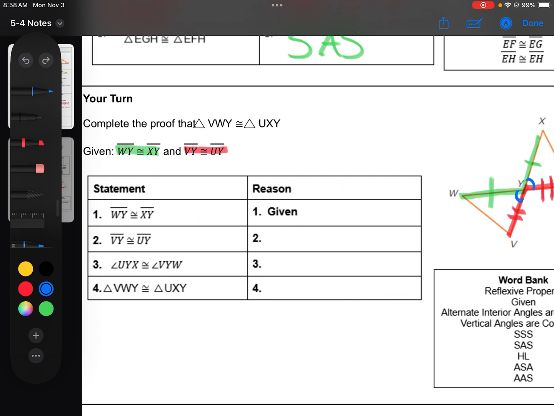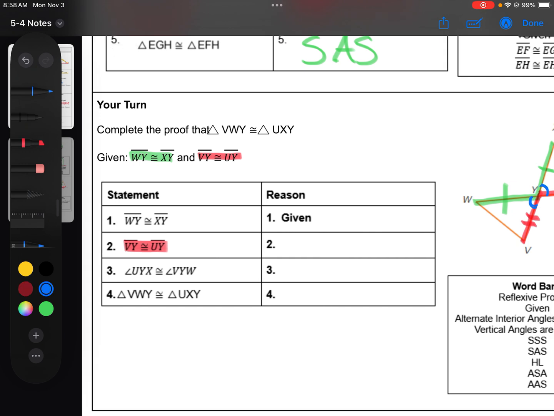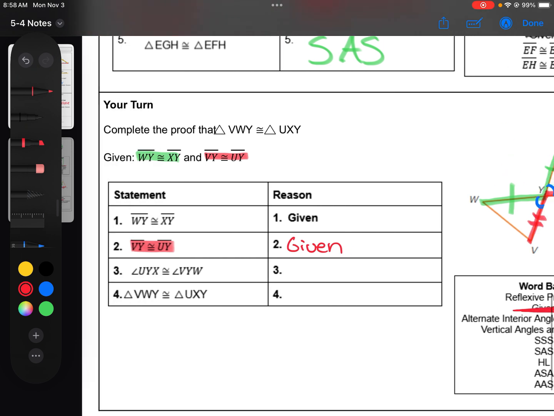We have to give a reason, okay? So we need to answer, why is segment VY congruent to segment UY? And the answer to that is, it was given information, okay? Easy. Cross that out.